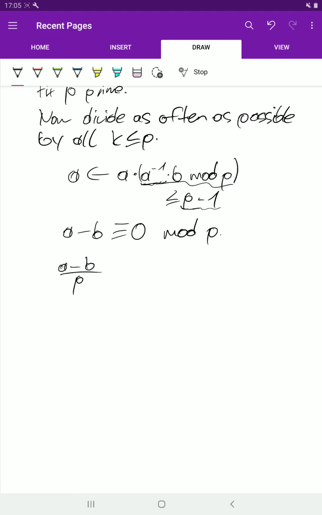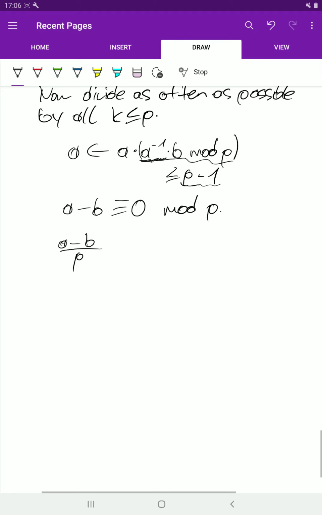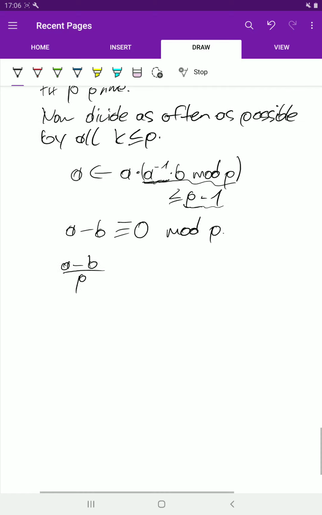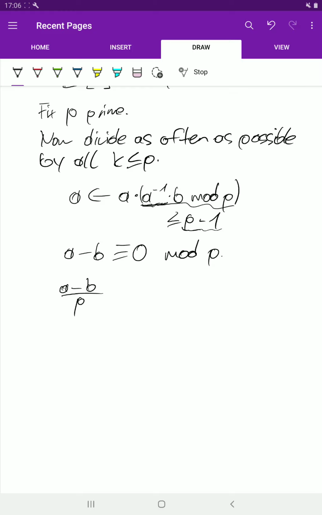So yeah, we still need something to compute these inverses, and maybe we actually need the Euclidean algorithm, but still we just need it for numbers smaller than p. So we could also just pre-compute these a inverse values for all numbers smaller than p, and then we wouldn't need to use the Euclidean algorithm during the run of this algorithm.